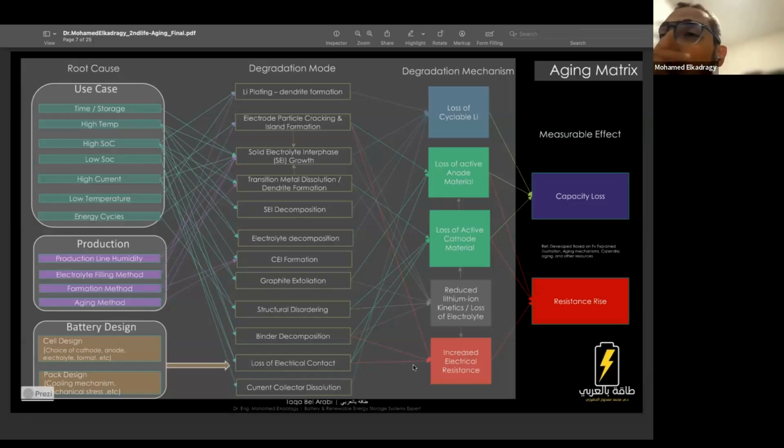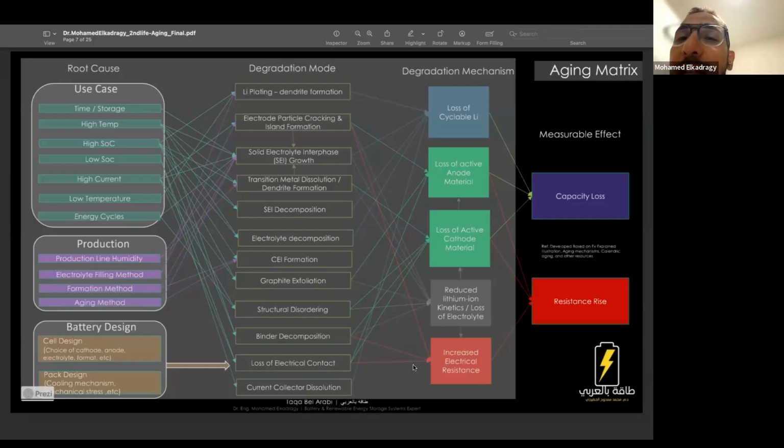But to reach these measurable effects, if we look at the far left, there are root causes. I like the categorization that there are use case related root causes, like exposing the battery to high temperature, low temperature, high SOC or low SOC, or even high currents, how I use the energy cycles, or how I store my battery.